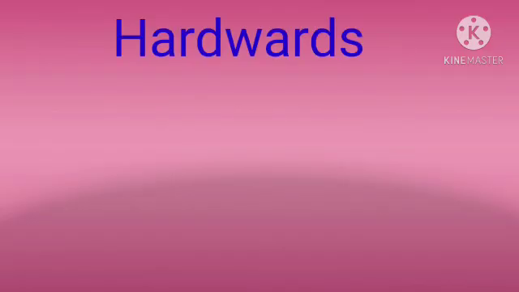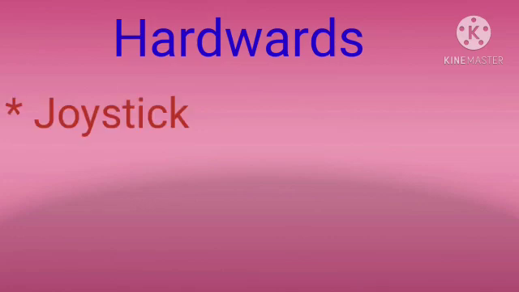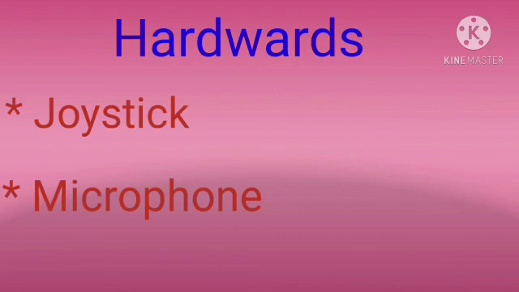Now we will learn the hardware of this lesson. Joystick: an upright handle used to control objects on the screen in a computer game. Next is microphone. Microphone: a device that allows users to input audio into their computers.